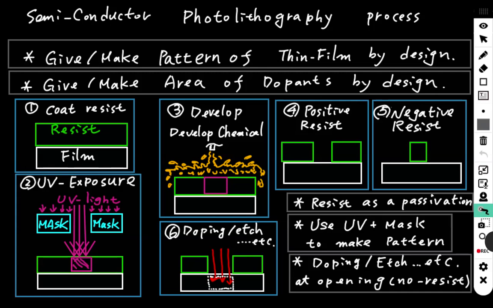After we know how to make a layer of thin film on the surface of the wafer, after we have the film, we'll continue to use the photolithography process.